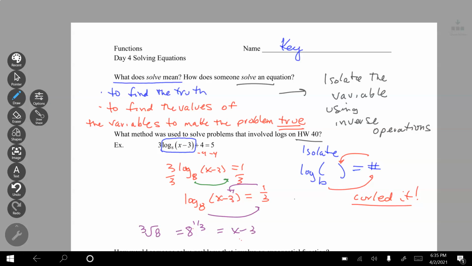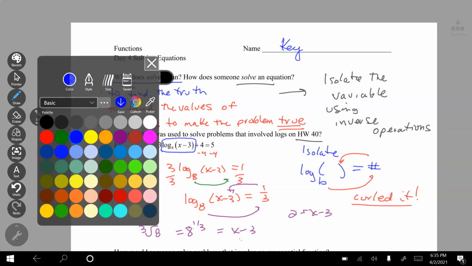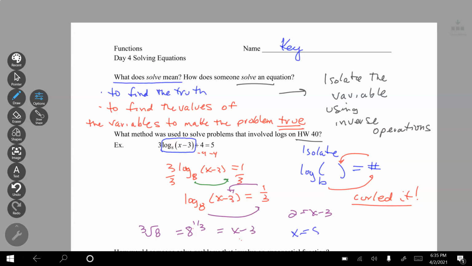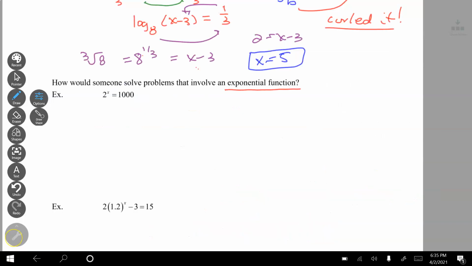So I basically have 2 equals x minus 3, and I add 3 to both sides, and I get x is equal to 5, and that is my solution. That is what would make this problem true. And this is what we did on homework number 40, isolating the problem.